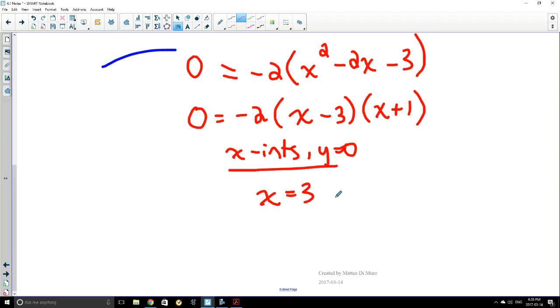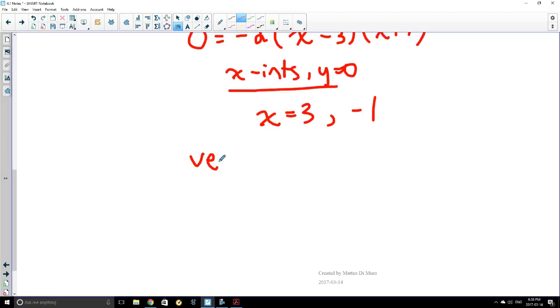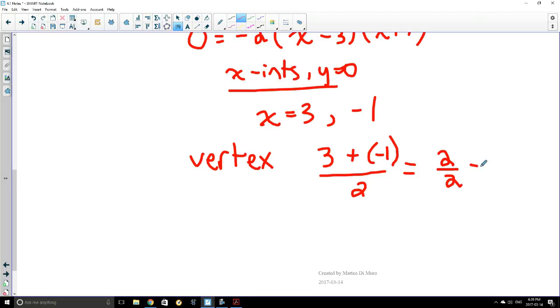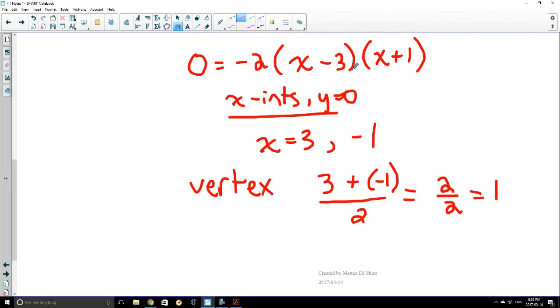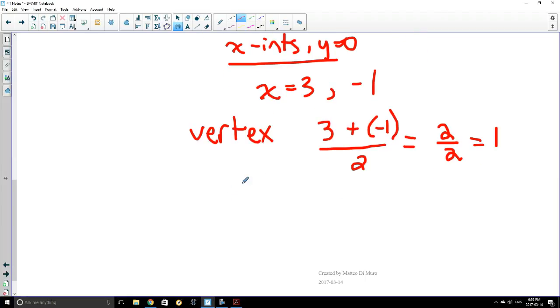Remember from grade 11, to find your vertex, if you know your x-intercepts, you can just add them up and then divide by 2. So if you go 3 plus -1 and divide by 2, you should find the x-coordinate of your vertex, which is going to be 1, and then you can plug that into the original function to get your y value.